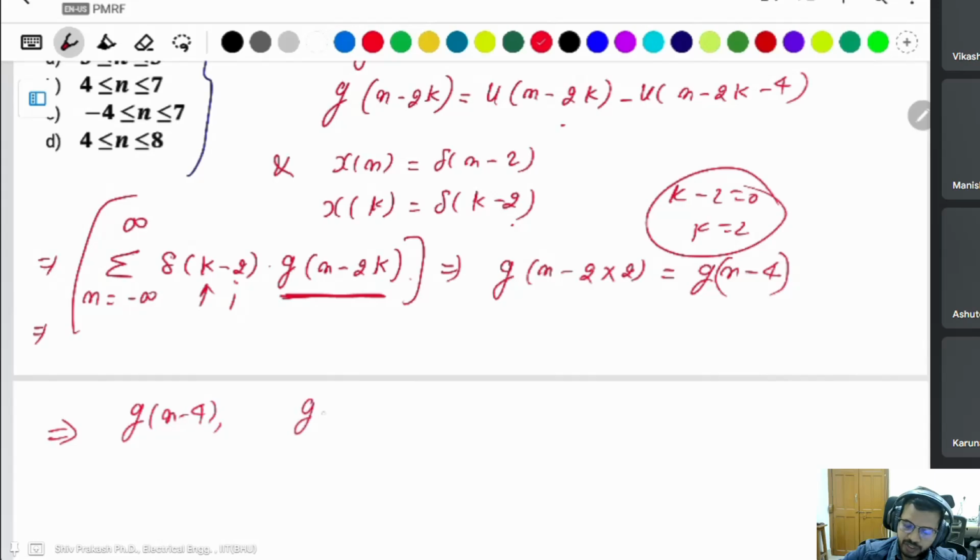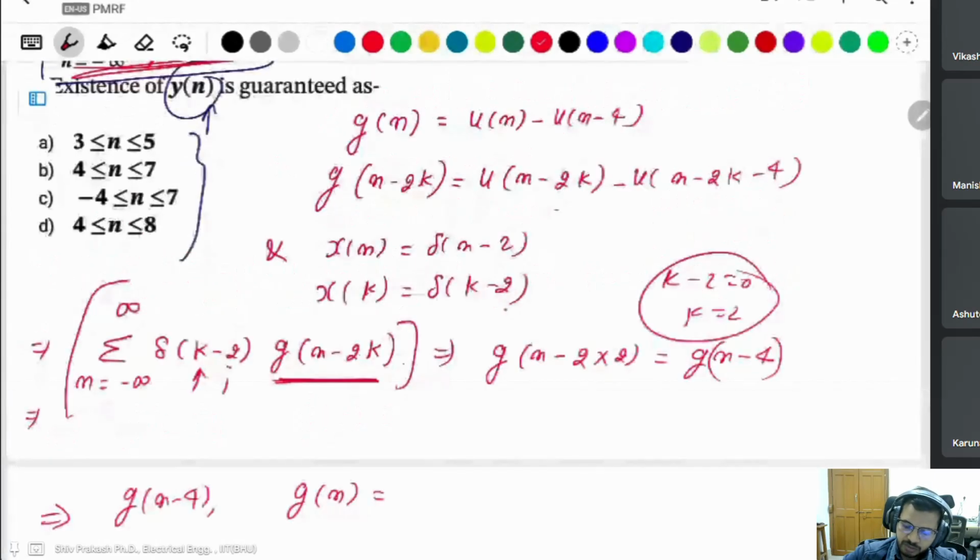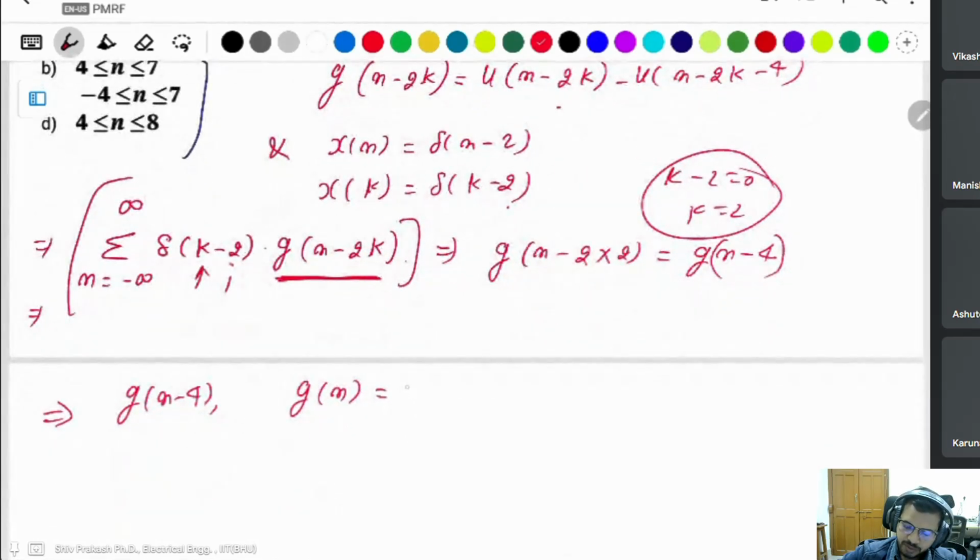But you have g[n] as something. g[n] is equal to u[n] minus u[n minus 4]. Then what is g[n minus 4]?